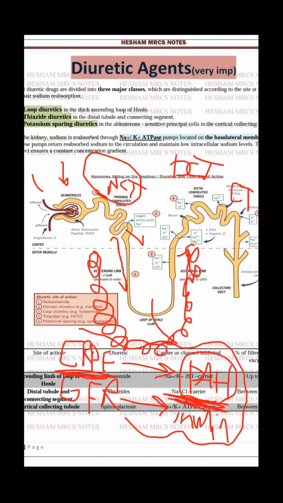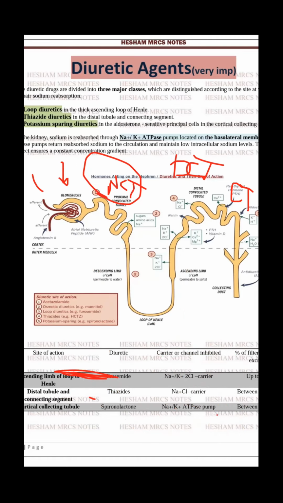We have discussed the proximal convoluted tubule. Let's go downward with the descending limb of the loop of Henle, and some principles about the loop of Henle. First, it is formed of descending and ascending limbs, and the ascending is formed of a thin part and a thick part.